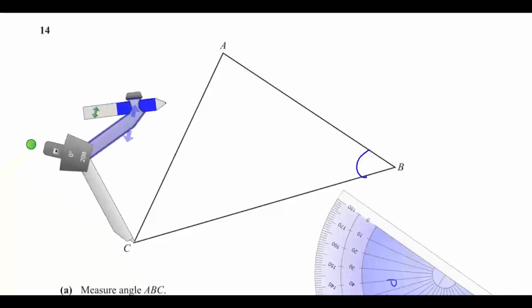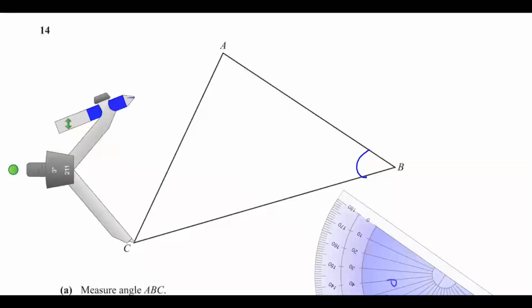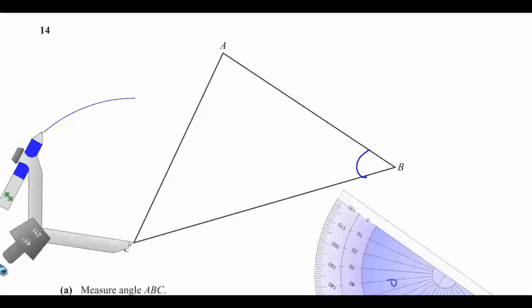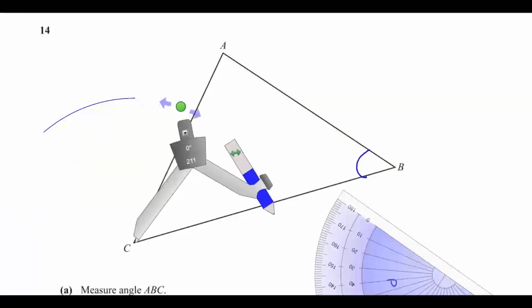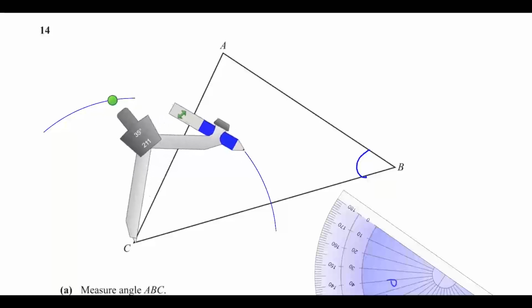We are good to go now. Let's draw an arc up and down, somewhere here like this. With the same radius, let's draw an arc here too.